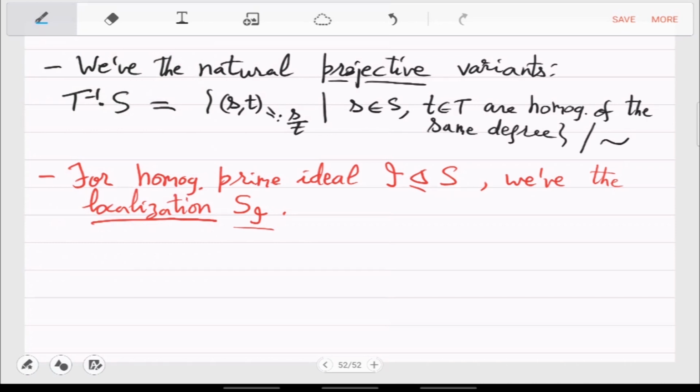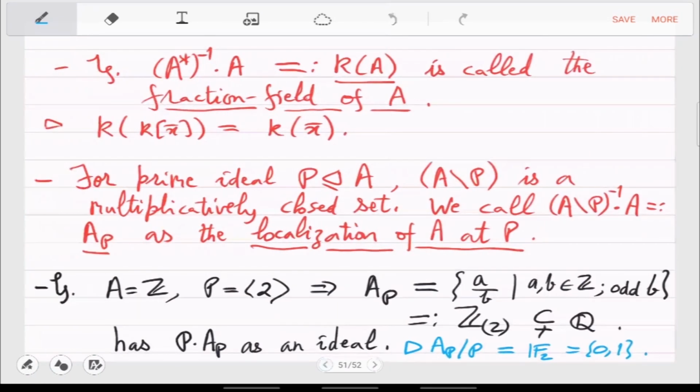Now we have some good properties, in fact we now have good objects. Using this A sub P, the localization, we can now understand the germs at P.